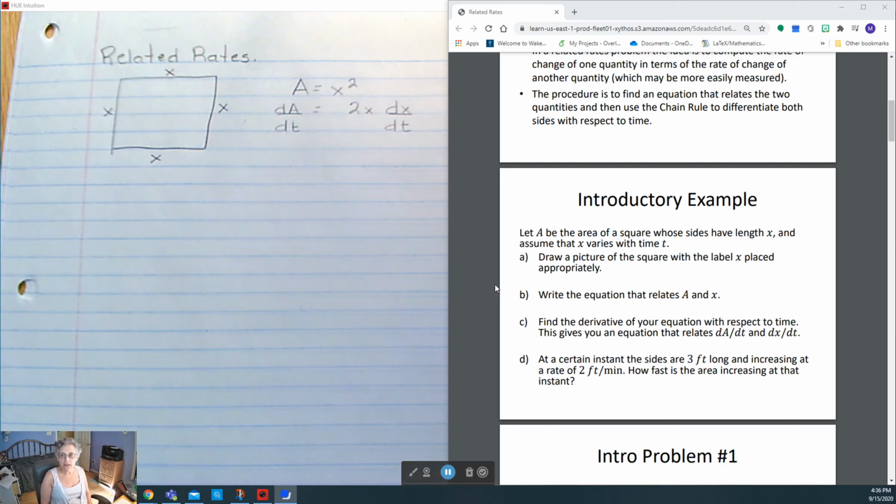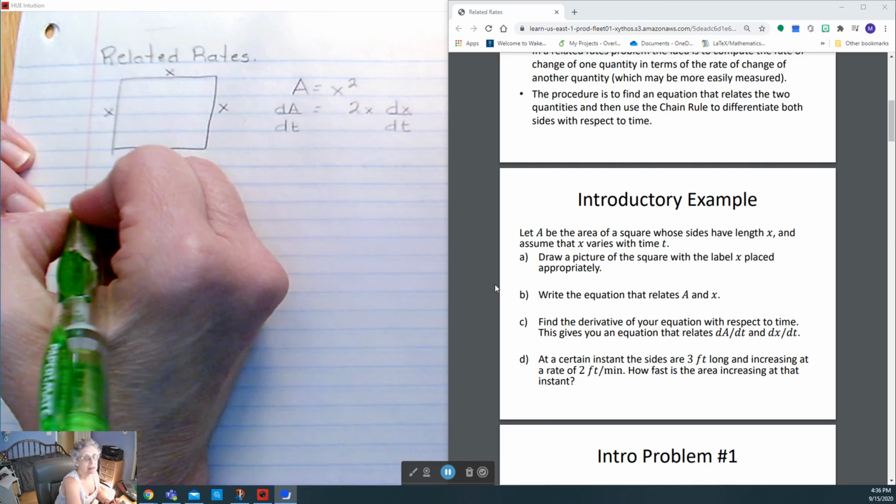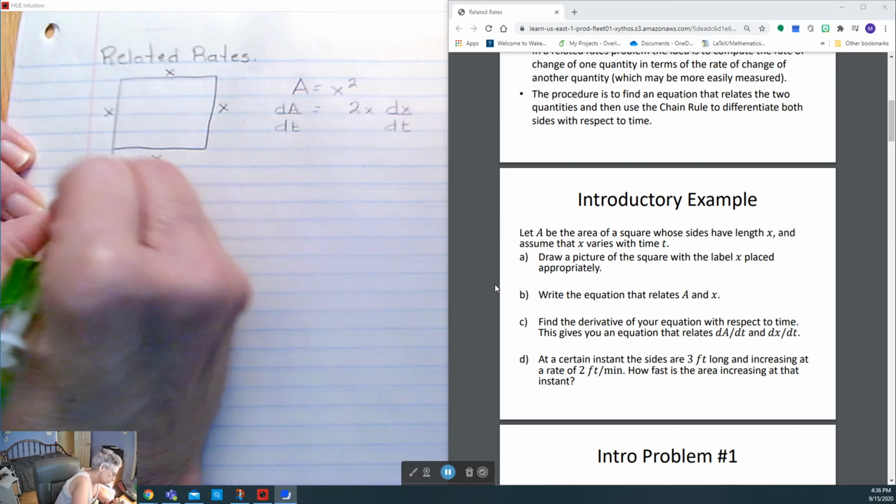At a certain instance, the sides are 3 feet long, increasing at a rate of 2 feet per minute. How fast is the area increasing at that instant? So I usually like to think about what I know and what I need. What I need is how fast the area is increasing. How fast something is happening is a rate. A rate is a derivative.